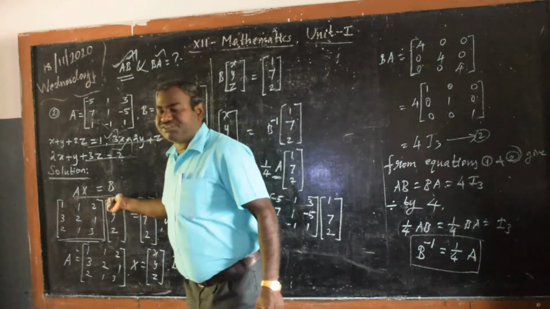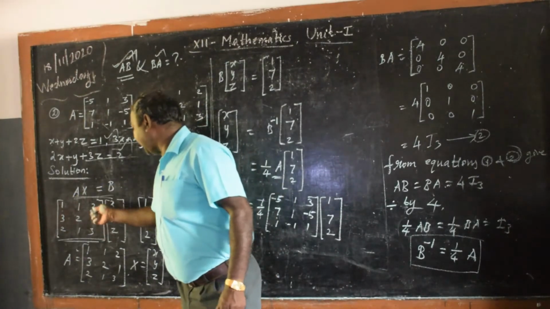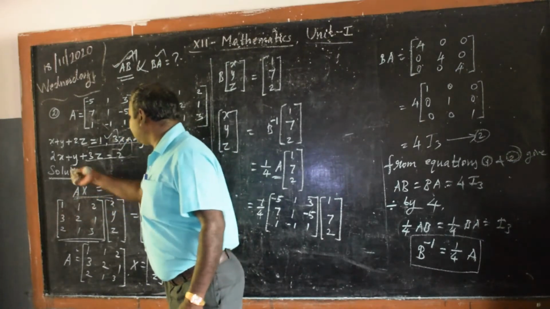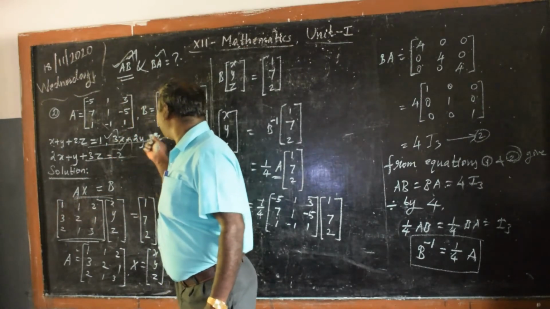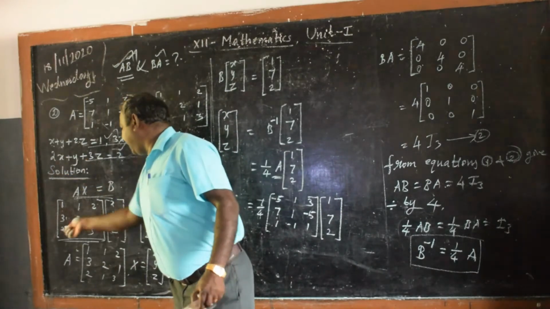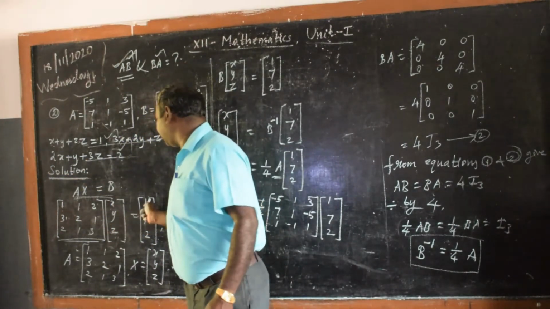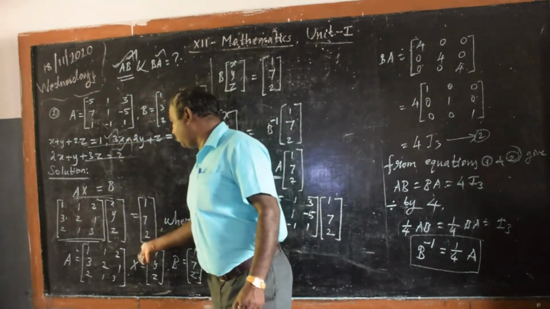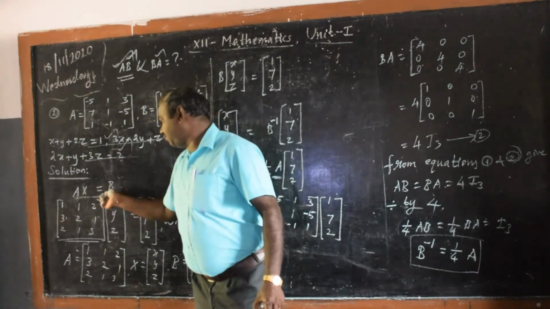This is our matrix form, AX equal to B, where capital A equal to [1, 1, 2; 3, 2, 1; 2, 1, 3] into the 3 unknowns x, y, z equal to capital B, the constant numbers 1, 7, 2.